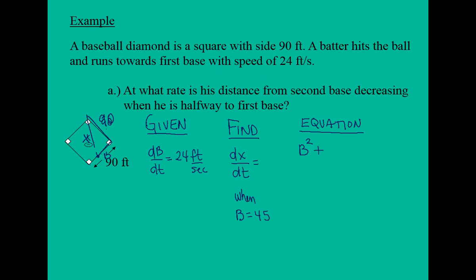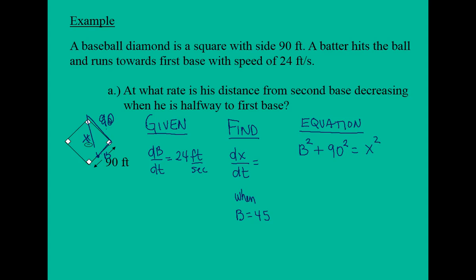Those two are changing. But this side from first to second base is 90, and it doesn't change as the batter is running to first base, like b and x are changing. So we can just say that is a constant. So we can just plug in 90. So b squared plus 90 squared equals x squared.